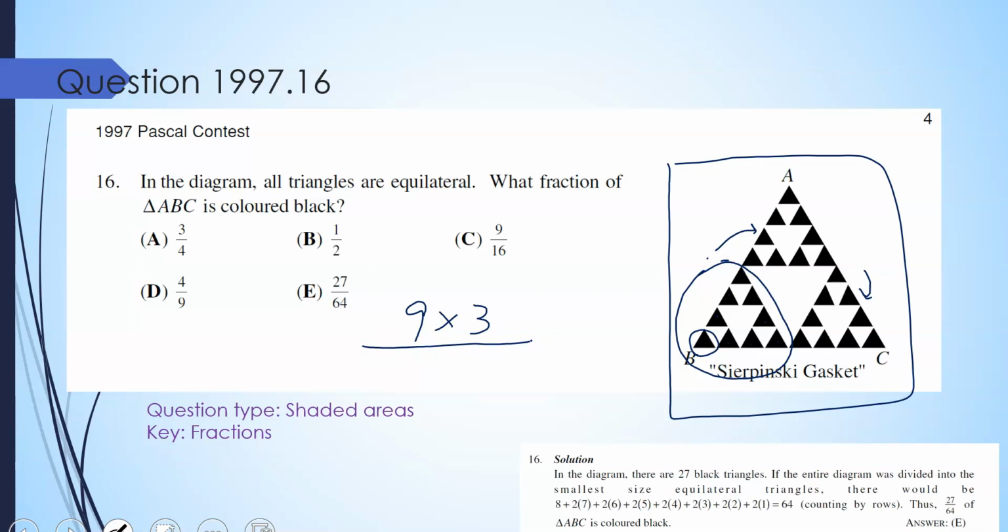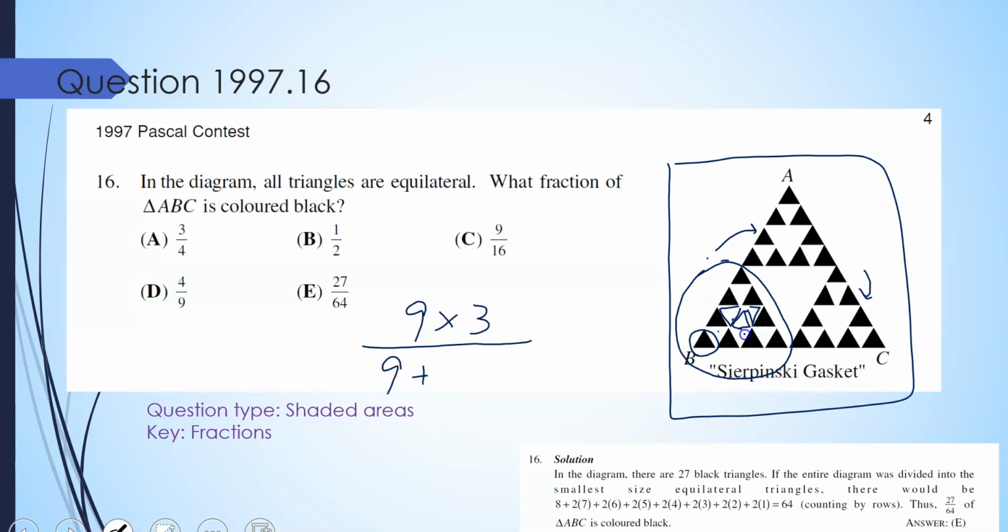And then we need to count the small triangle spaces, like this, like that, like this. So within one small, one medium triangle, we have how many black triangles? We have 9, plus how many white triangles?